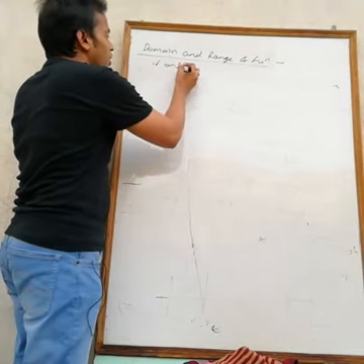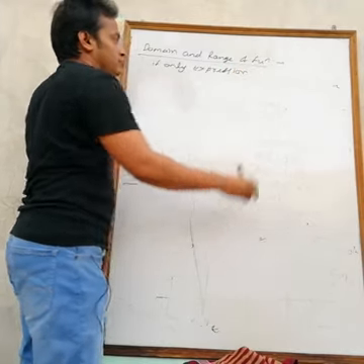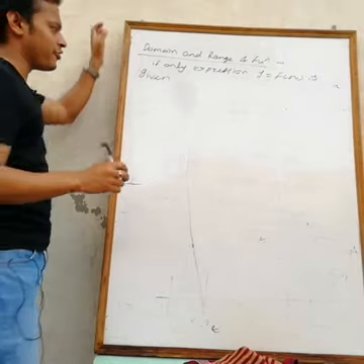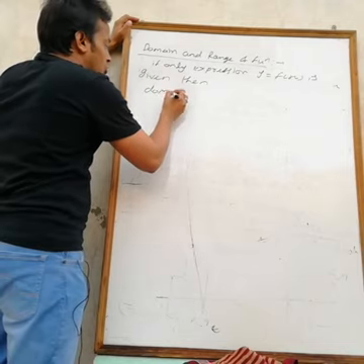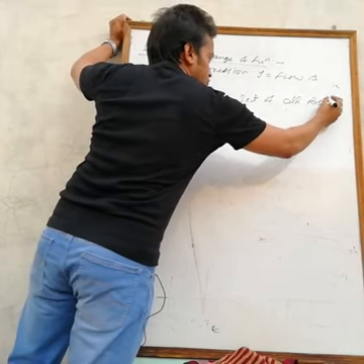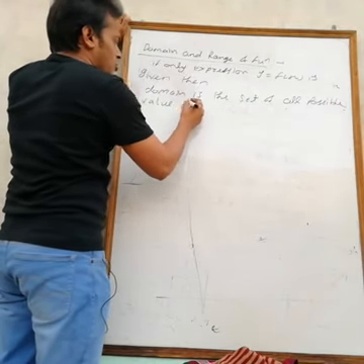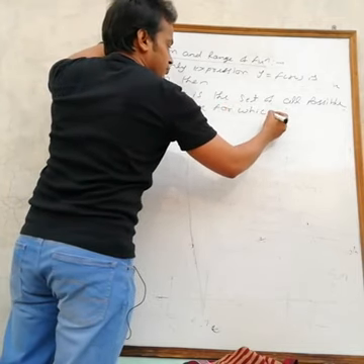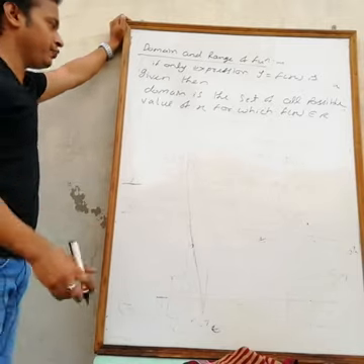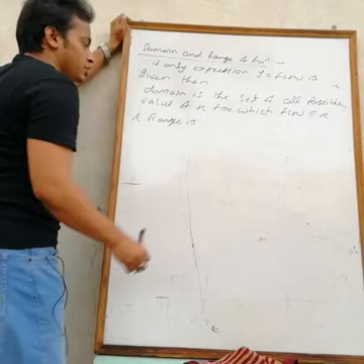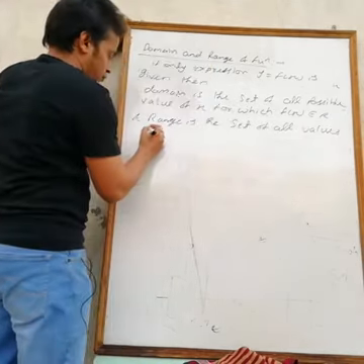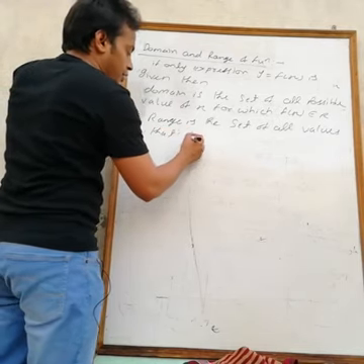If only the expression y equals f(x) is given, then the domain is the set of all possible values of x for which f(x) is real, and the range is the set of all values that y takes.